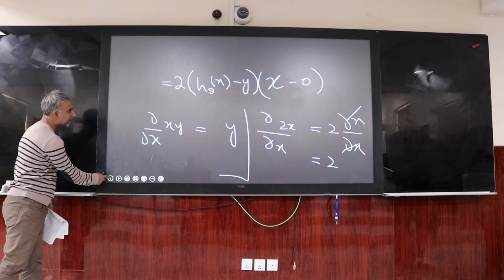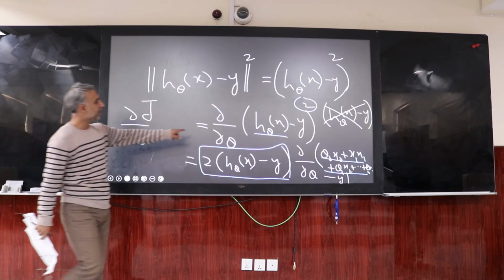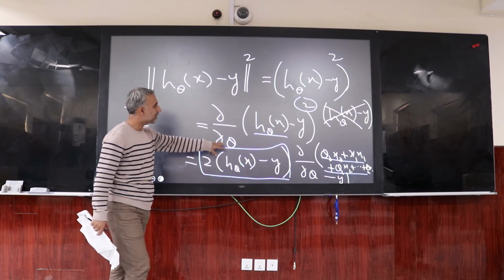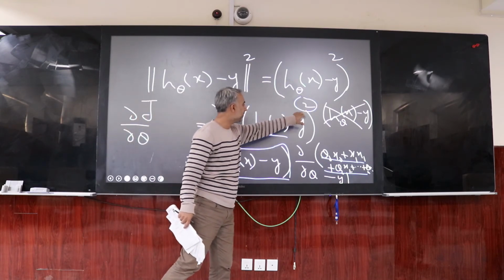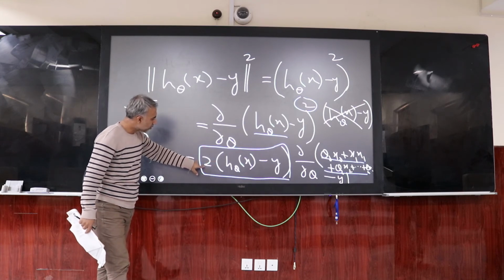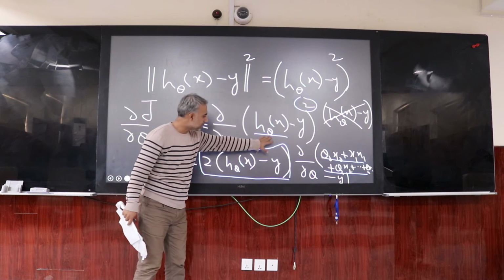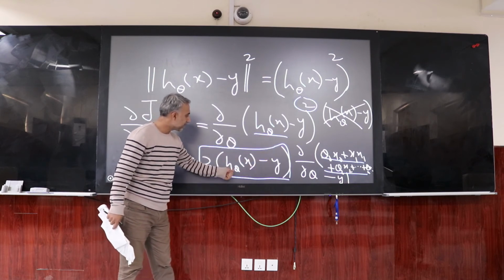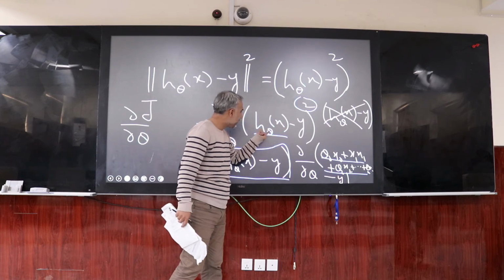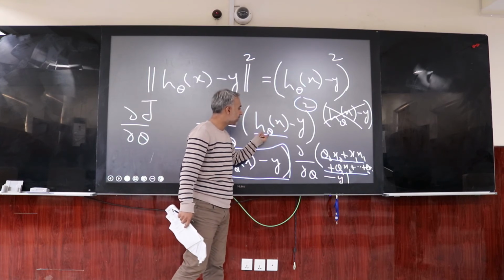In the previous case, we applied the partial derivative with respect to the weight parameter theta of this function. This is a square, according to the formula, so 2 is here and the first inner value can be kept as it is. Again, there is involvement of the weight parameter theta.